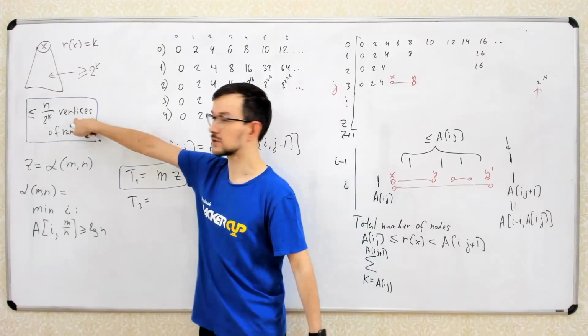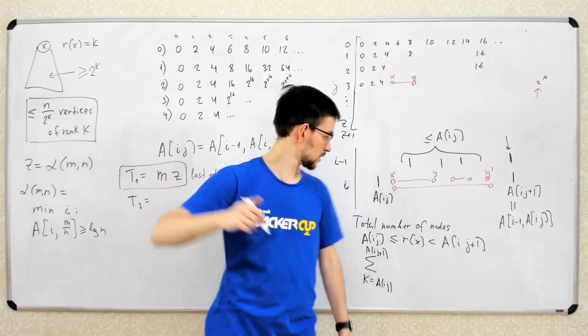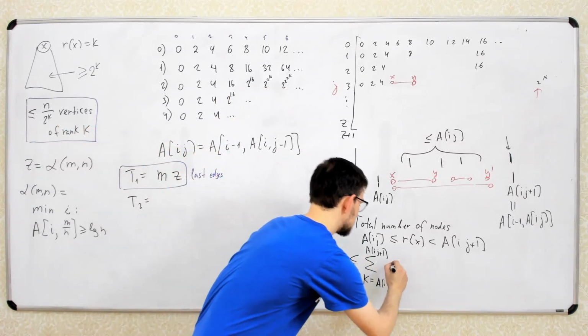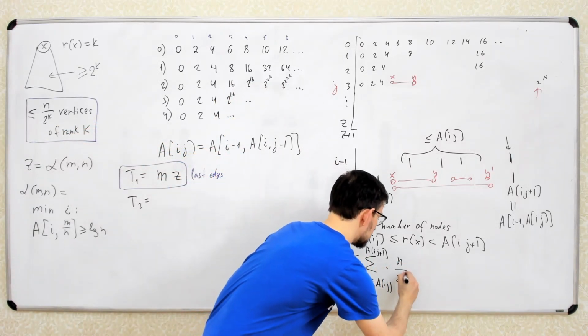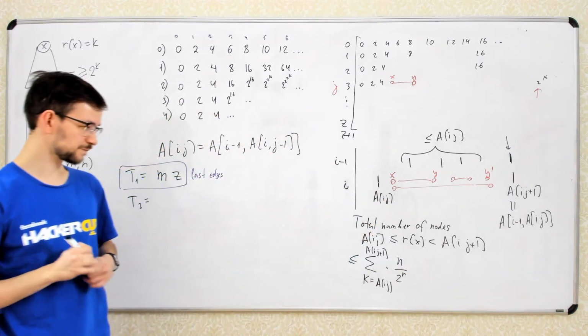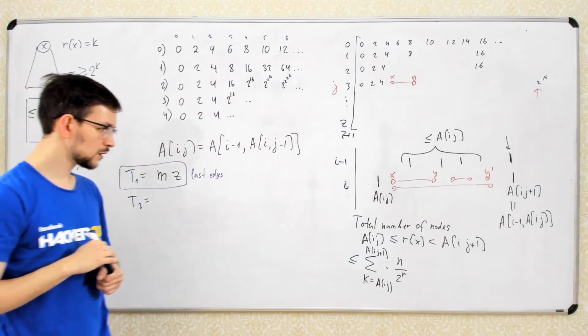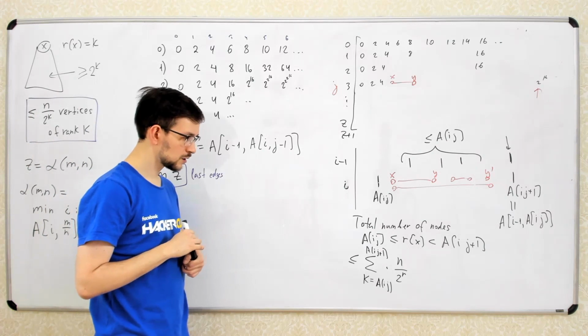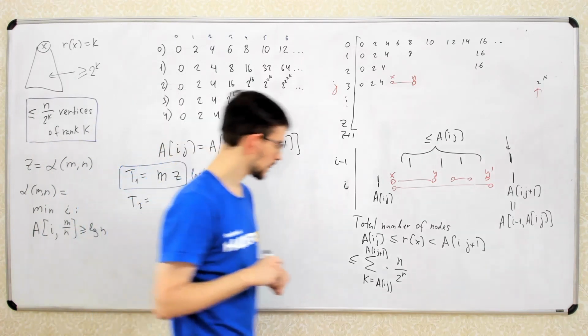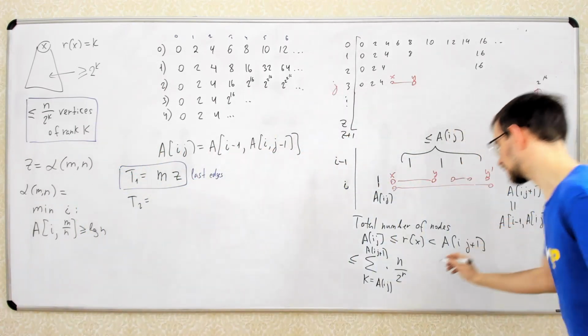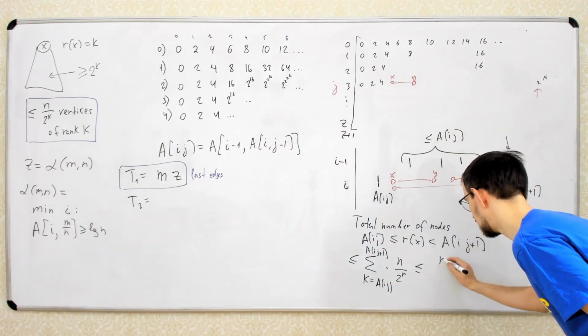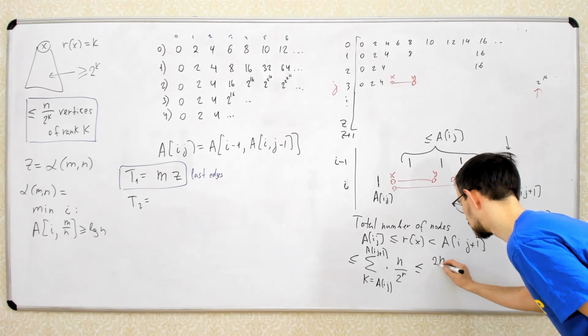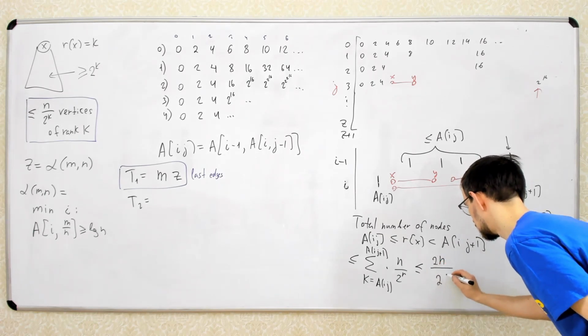It will be no more than this multiplied by n to the power, and that's no more than 2n power.